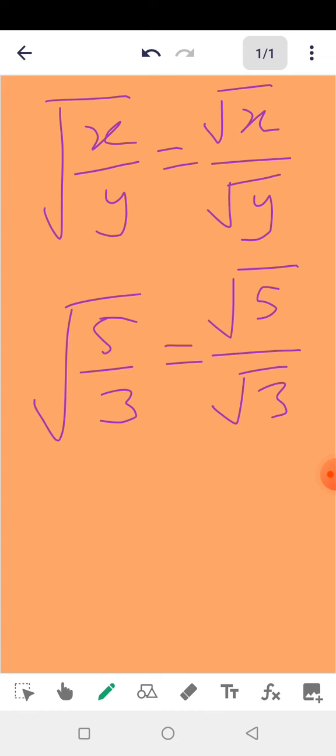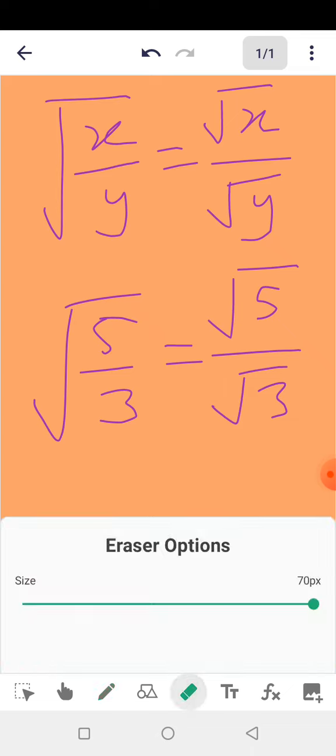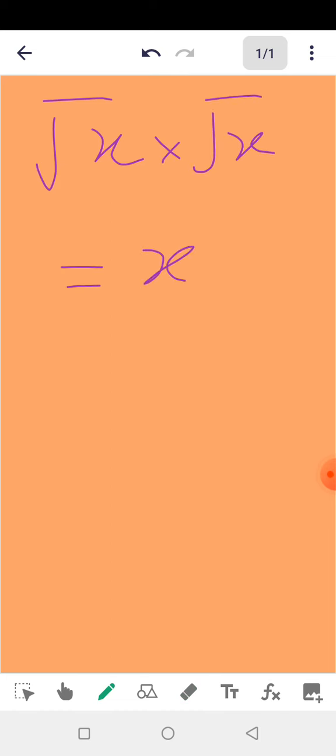Rule number 3, I will take it from the first one. Let's say I have, for example, square root of x times square root of x. Well, the rule of surds says I can write this as x. Now, if you remember rule 1, where I said square root of x times square root of y, I can put all of them in a single square root and write it as square root of xy.